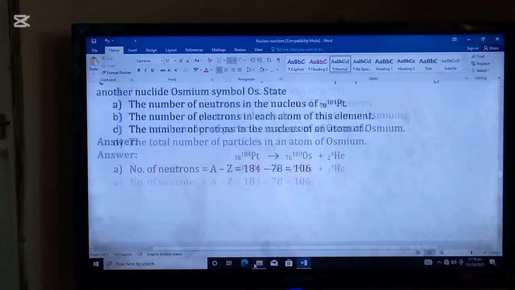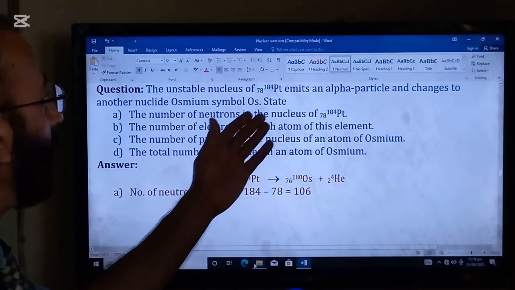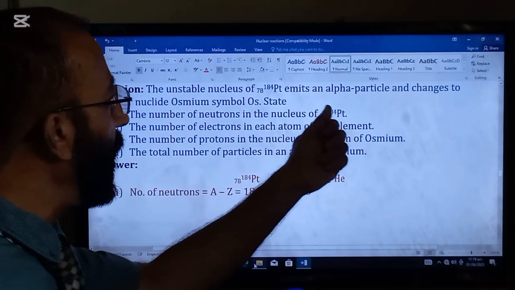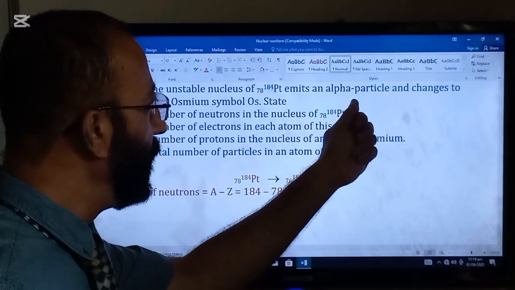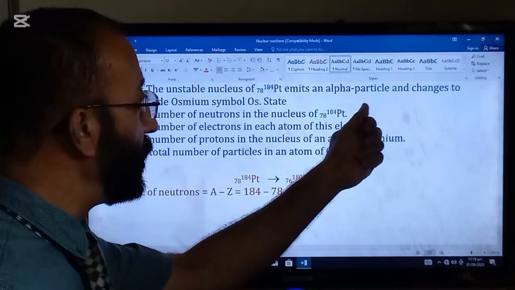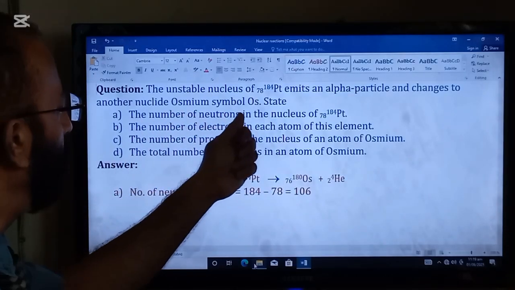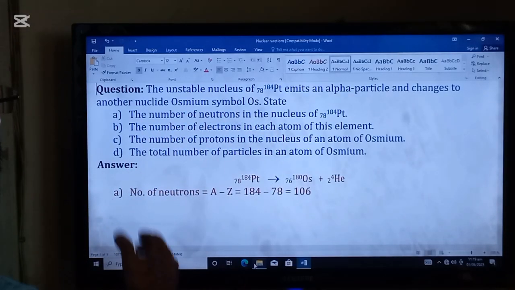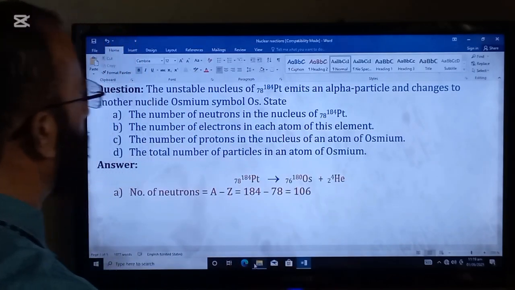And another question is here. The unstable nucleus of this emits an alpha particle. So remember carefully, look carefully, an alpha particle, and changes to another nuclide, osmium, symbol Os. State the number of neutrons in the nucleus of platinum.